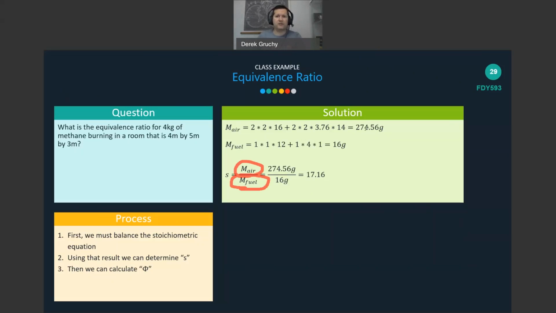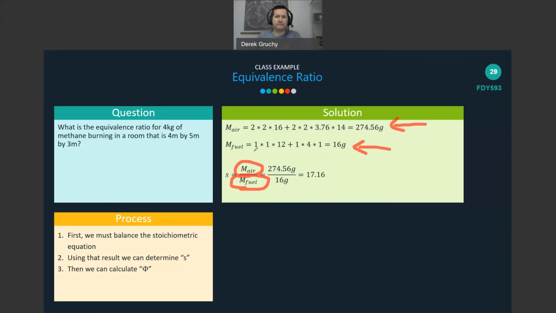We do that calculation here, and we find out that the air is going to be 275 grams for the amount of air that we need to burn 1 molecule of methane. And remember, this is specific to methane. So these numbers will change based on the fuel that we're using. And for methane, 1 molecule is going to weigh 16 grams.